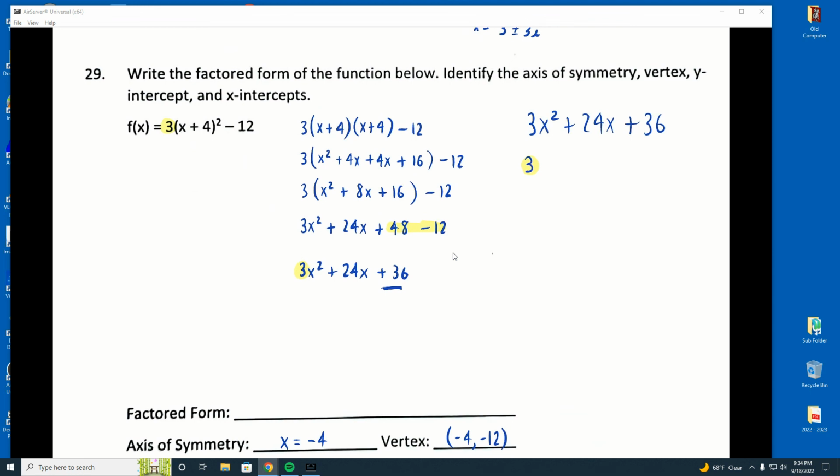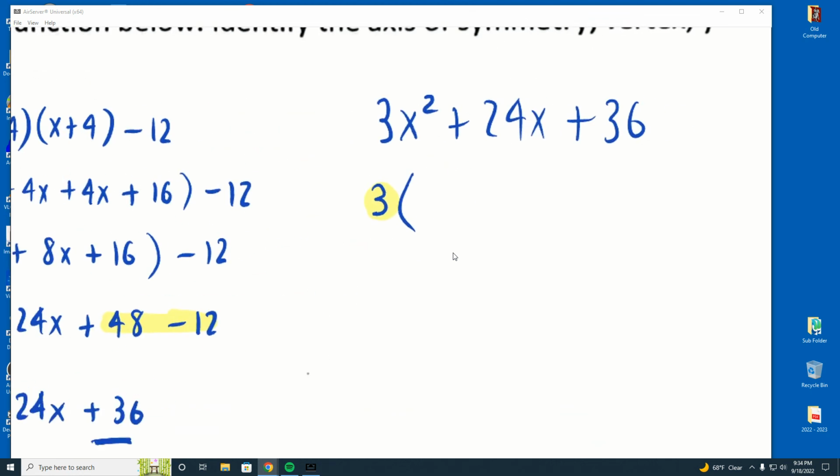Won't that number I need to take out, what we call our greatest common factor, won't it also be 3? Absolutely. 3 comes out of all of these terms. It leaves me here with an x squared, which is going to make this an easy factor. Positive 24x divided by 3 is positive 8x. And then positive 36 divided by 3 is positive 12.